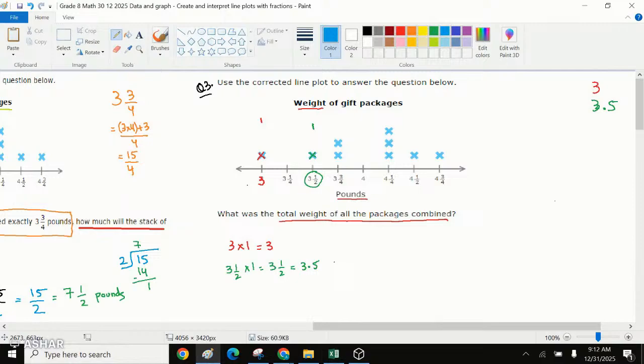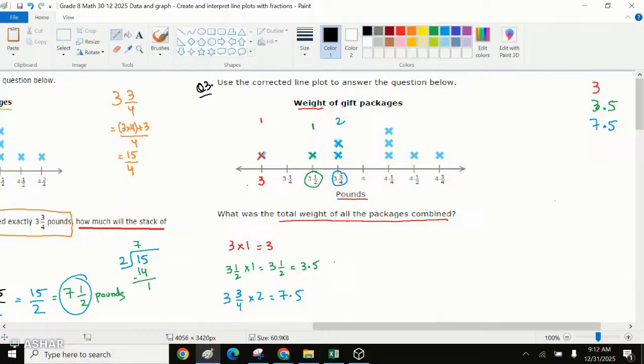For the next one, 3 3/4, there were two packages, which we already did in the previous part. We found the weight. That means 3 3/4 with two packages came out to be 7.5 pounds. So we add 7.5.